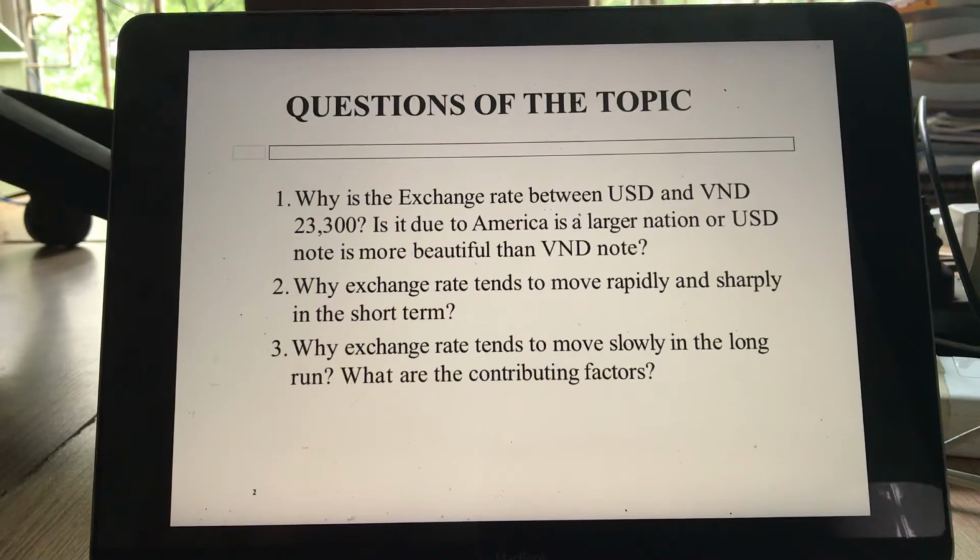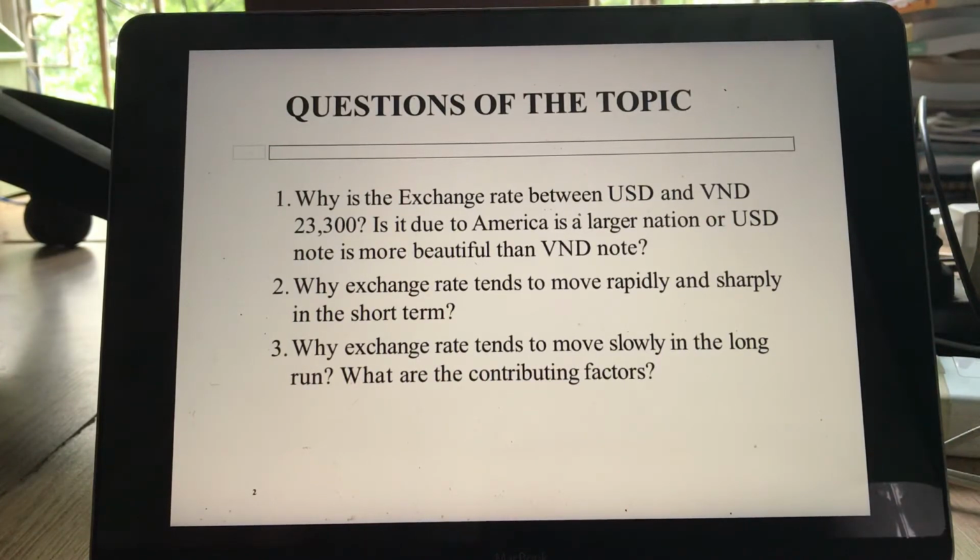When you search for the exchange rate, or when you access a commercial bank, you can see the exchange rate quoted by that commercial bank on their website. For example, the exchange rate quoted by Vietcombank between the USD and VND has, for a long term, been about 23,300.